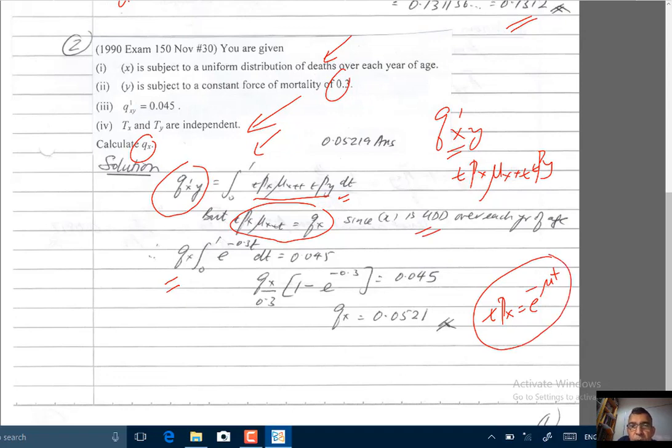That's why you see for y, because y is subject to a constant force of mortality, we have e to the power minus 0.3 t. And this whole thing they gave us is equal to 0.045. Do the integration slowly, clean up the algebra, and you'll get Qx equals 0.0521.